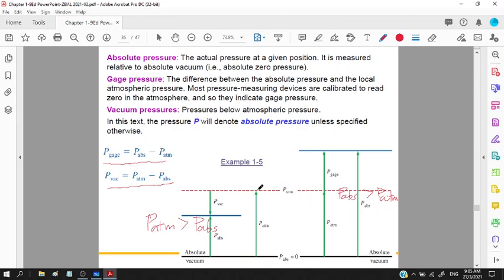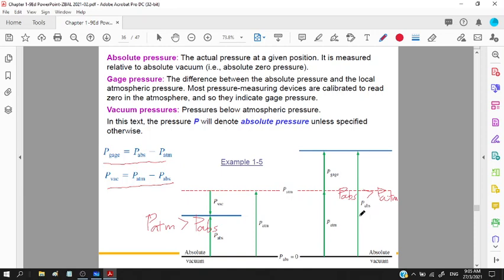in order to suck all the dirt or debris from our floor. Whereas for the case where the P ABS is greater than the P atmospheric, for example, if we blow a balloon with air, the balloon will increase in volume because the air inside is pressurized.